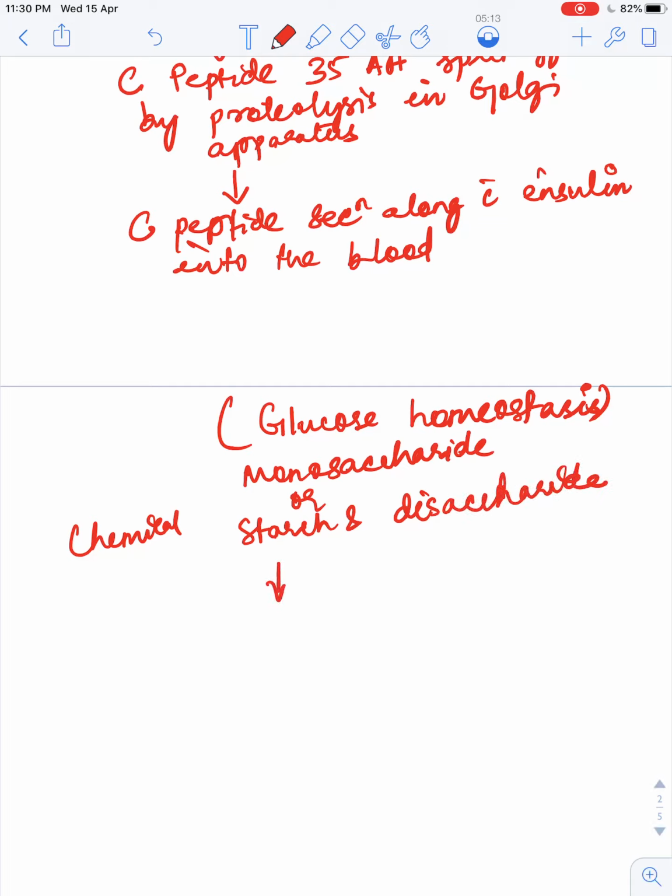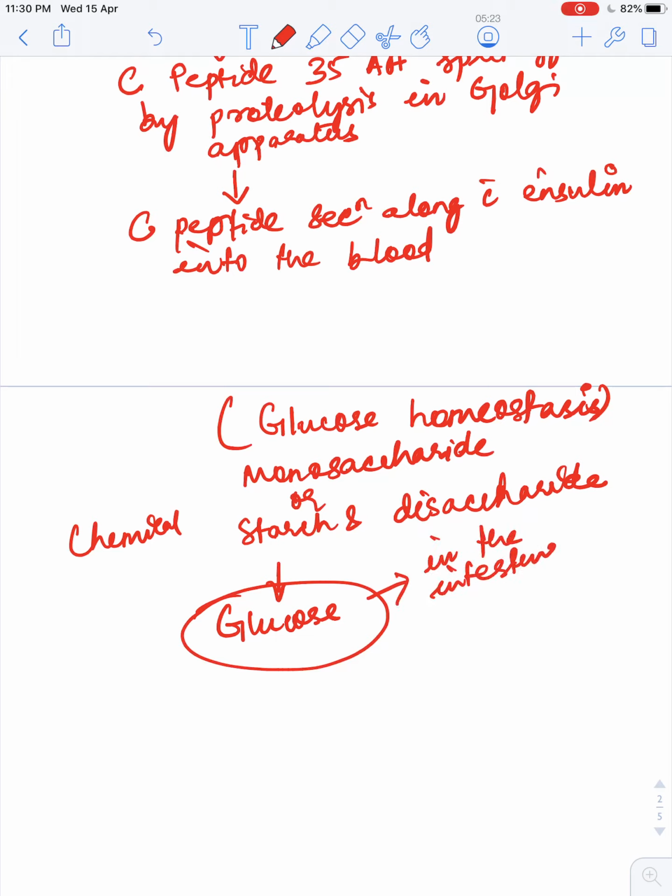They are metabolized to glucose. And where are they metabolized? In the intestine by an enzyme called alpha glucosidase.